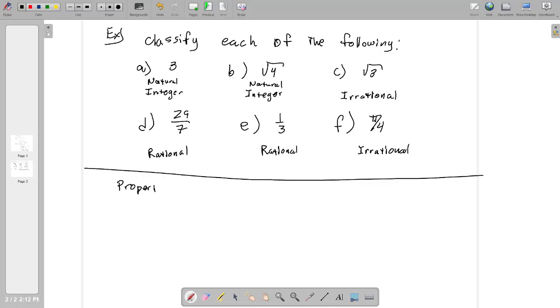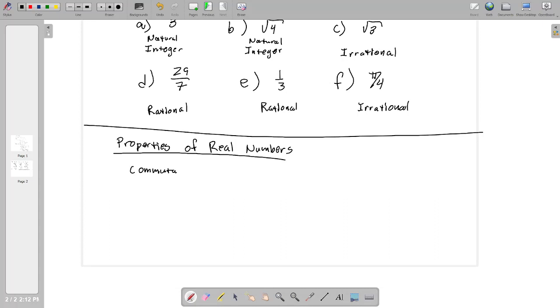The next thing we're going to talk about is the properties of real numbers. So first things first, we have the commutative property of addition, or additive commutative property. It would look like this.